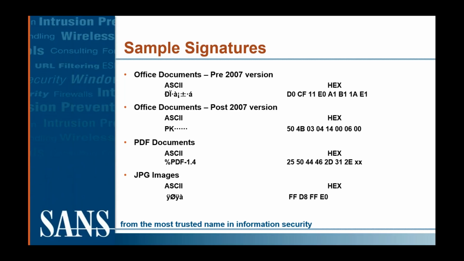Let's look at the Hex side of things, especially for the Office documents pre-2007. I want you to look carefully at that hex, D0CF11E0. Let's be creative and look at that. What does it spell? Doc file. How cool is that? That's pretty neat. Anyway, if you never noticed that before, kind of cool to see that. 2007 and later, they changed their format, and it was everything is XML files in kind of a zip file style of construction.